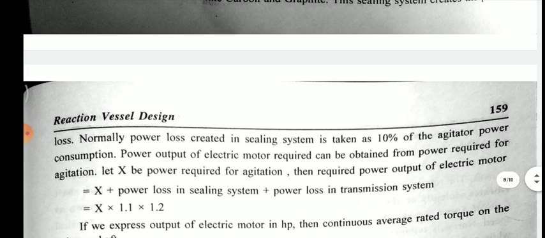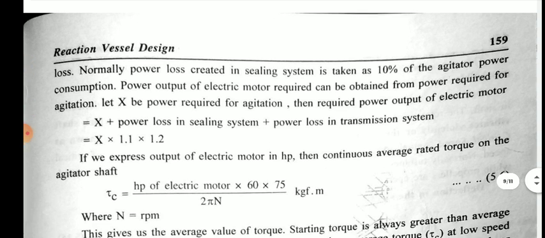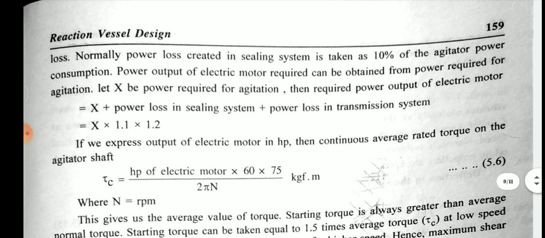Due to the mechanical seal, power loss occurs because of friction. Normally the power loss created in the sealing system is taken as 10 percent of the agitator power consumption. Whatever power the agitator consumes, we calculate 10 percent of it.